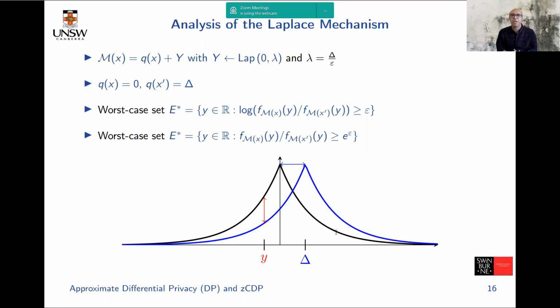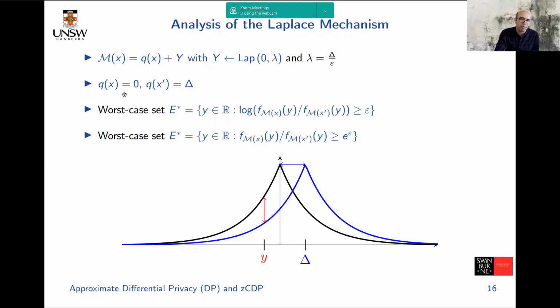First, in terms of the analysis of the Laplace mechanism, if we have the query function of x1, we want to add y, or noise from the Laplace distribution with this scale, to this query. In order to find delta, we need to find the critical point of y, below which this ratio is not valid.